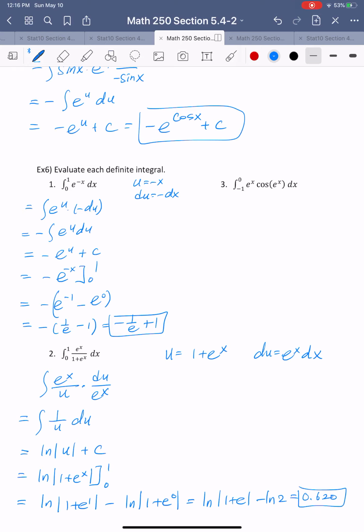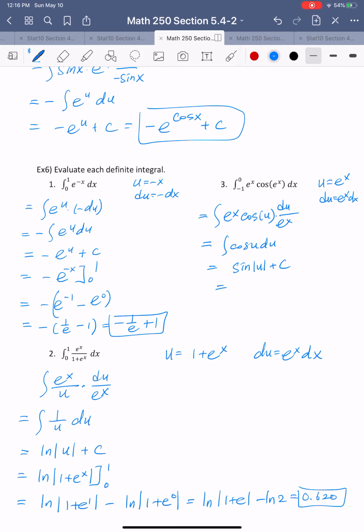Alright, number 3. I want to say u is e to the x, which means du is e to the x dx. So with no limits right now, because I'm going to convert to u, it will be e to the x times cosine u, and dx is the same as du over e to the x. So e to the x cancels. I got the integral of cosine u du, and then the integral of cosine u comes out as sine u plus c.